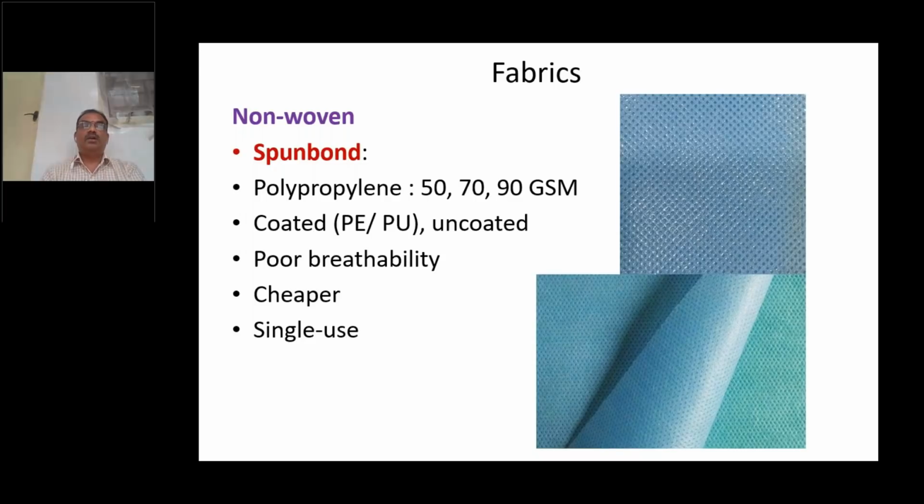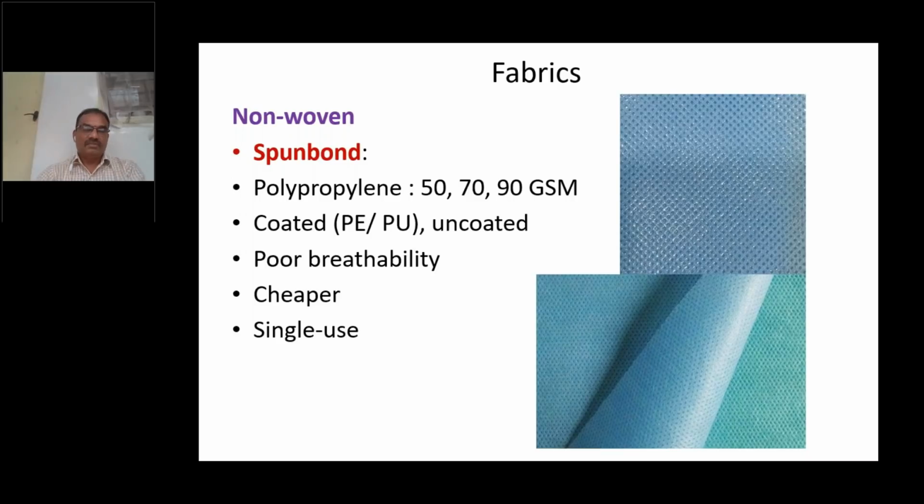For this particular coverall application, the recommended GSM, grams per square meter, that is the areal density of the fabric, is 50, 70 and 90. These three are mostly used, and most of the developed countries recommend only 90. Even WHO says 90 GSM and above for extra safety.